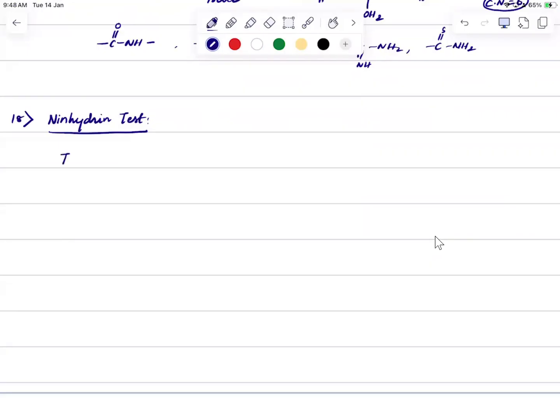So this is a test for amino acids or proteins with free NH2. As long as we have this free NH2, this test will be positive. Got it?